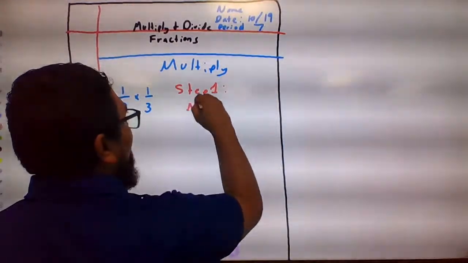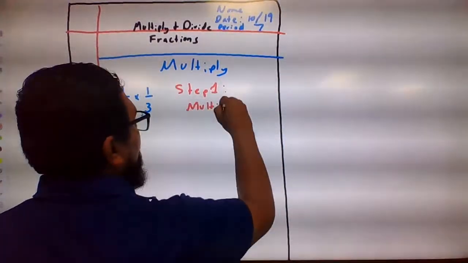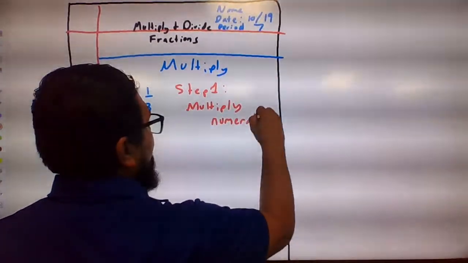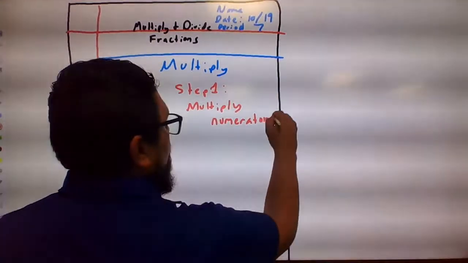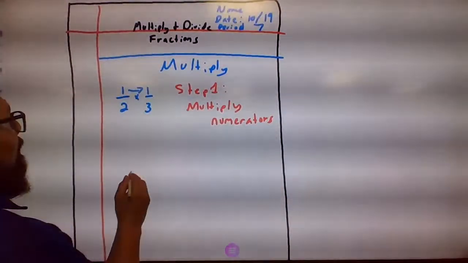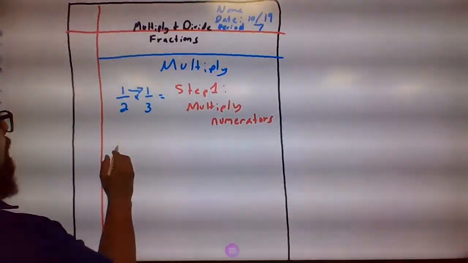So multiply the numerators, which is these guys. Multiply this times that. So in this case, 1 times 1 is 1.